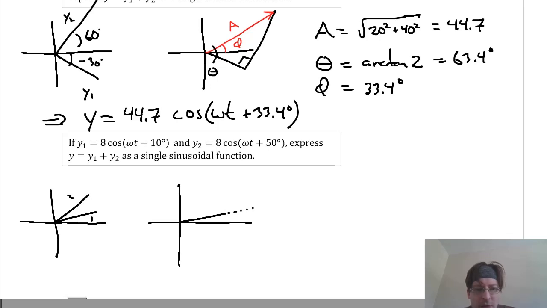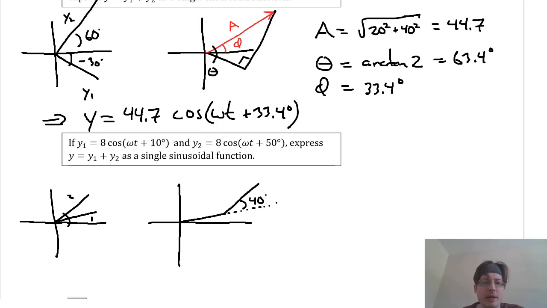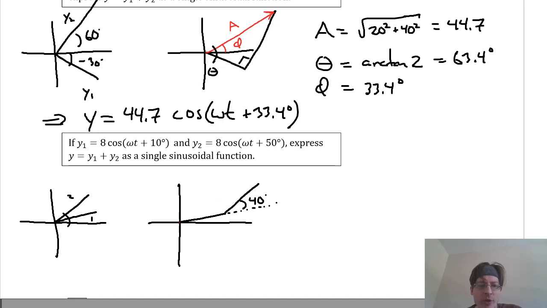I'm gonna extend this line and stick number 2 on here, like so. Same length. Now, phasor number 2 is at 50 degrees, which means it's 40 degrees from phasor number 1. Okay, now I'm trying to add these two together, so I draw the resultant, like so.